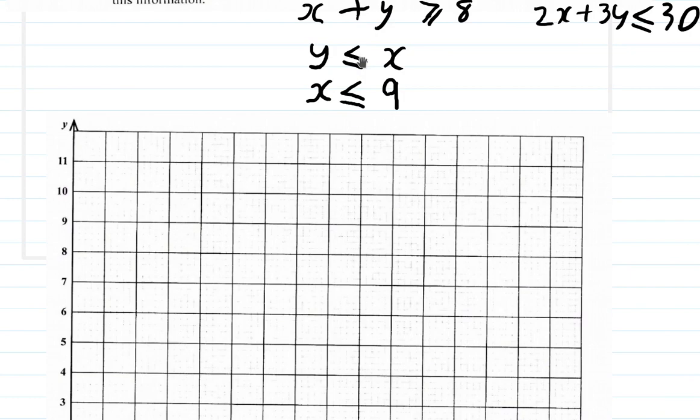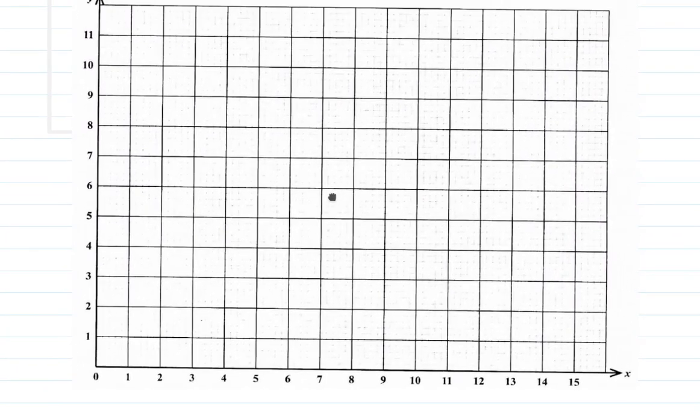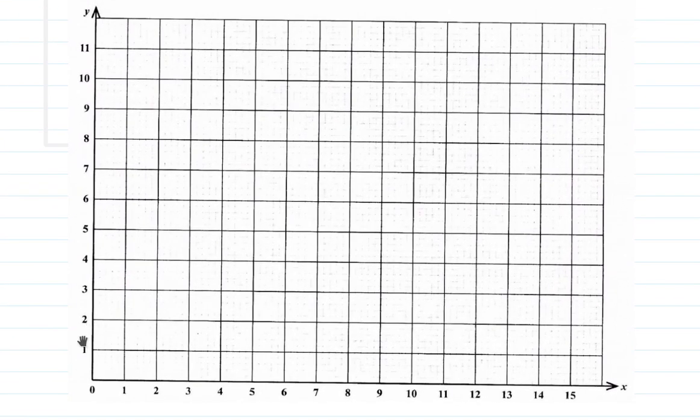Pretend for a minute or so that it is an equation. Whatever y is, x is the same thing. When y is 1, x is 1. When y is 2, x is 2. When y is 3, x is 3. When y is 4, x is 4, and so on and so forth. So the line y equals x would be this line.